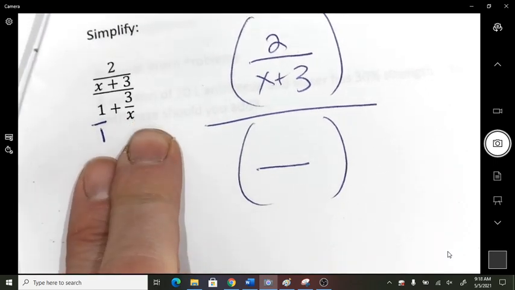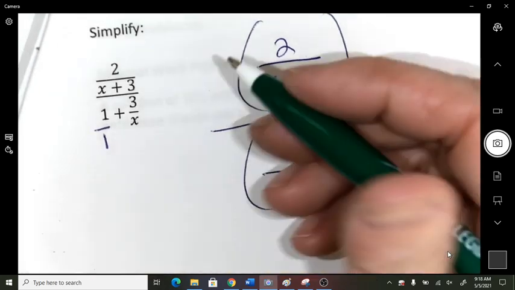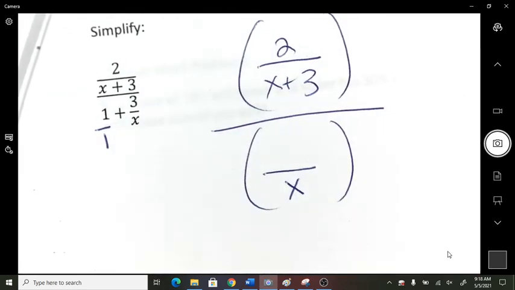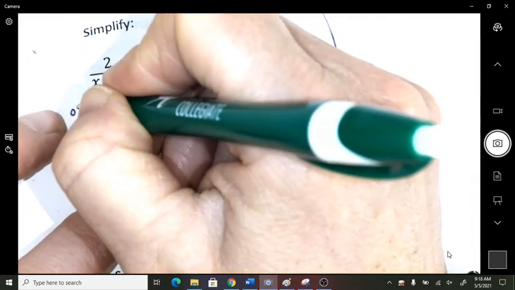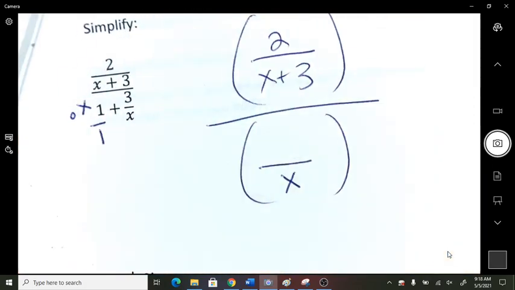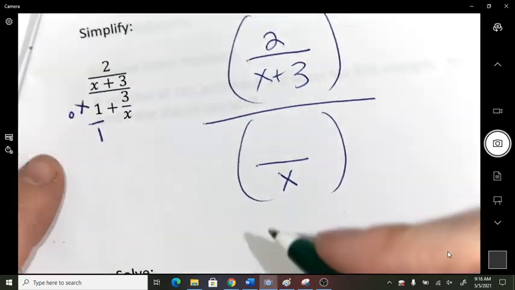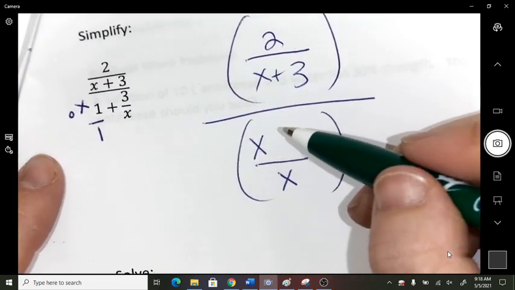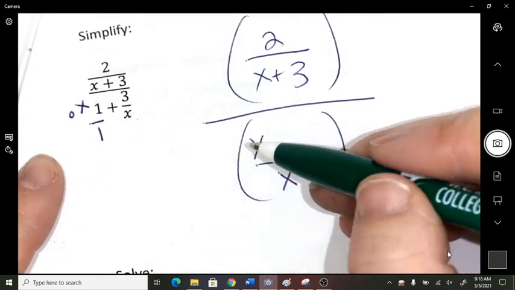Now when I put these together, I need a common denominator. So I'm turning the denominator into an x. Therefore, I'm going to have to multiply this by x. So this becomes x. Nothing changed.